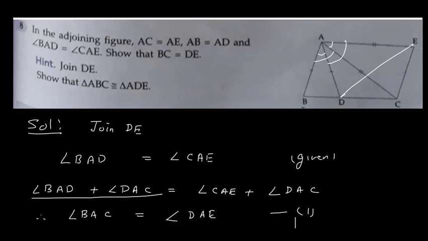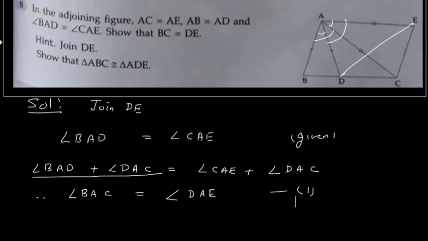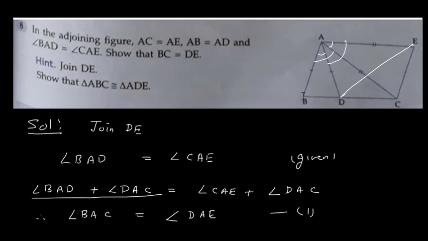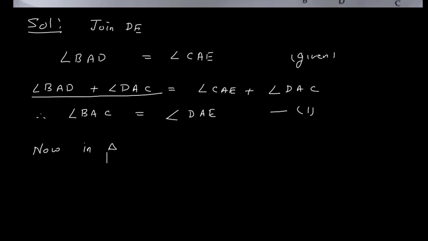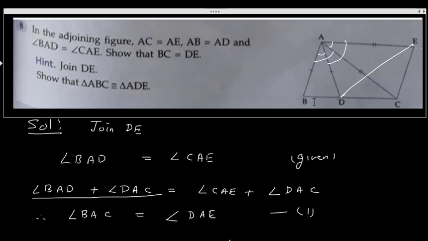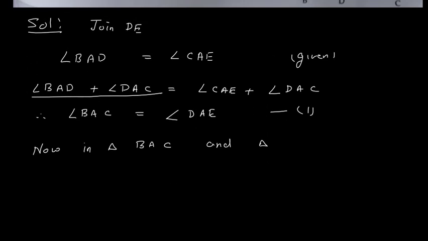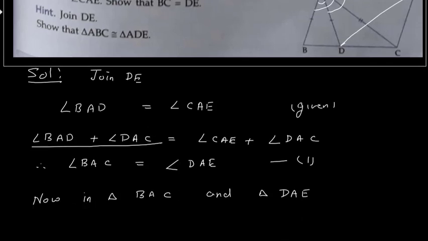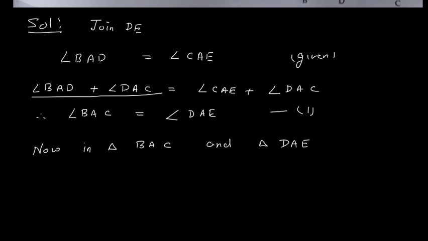Now I will take triangle BAC and triangle DAE. In these two triangles, what is given? Side BA is equal to DA.